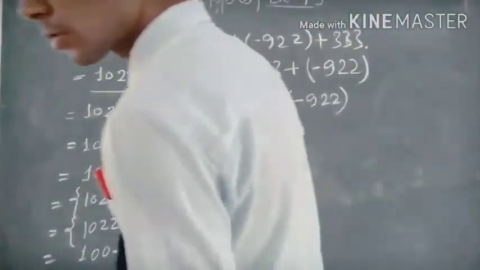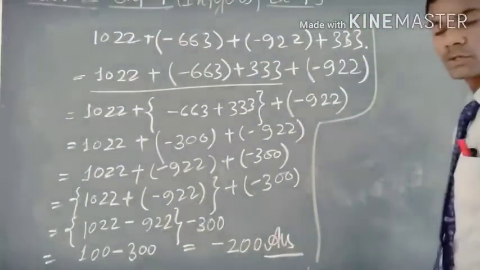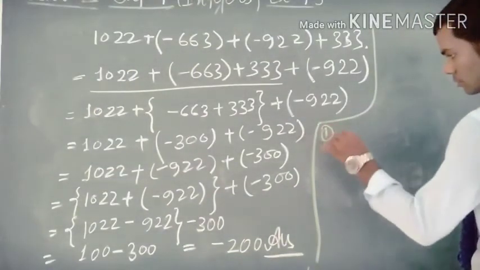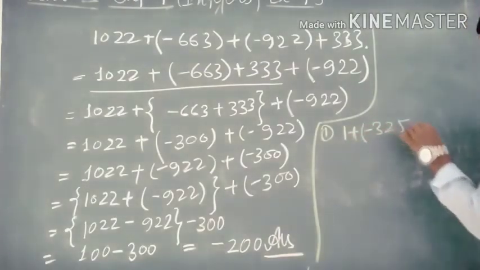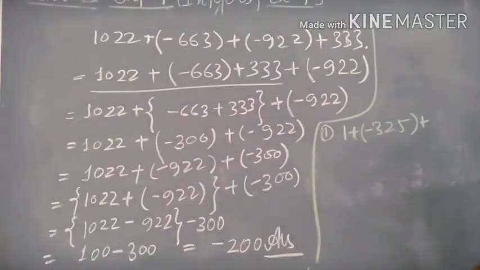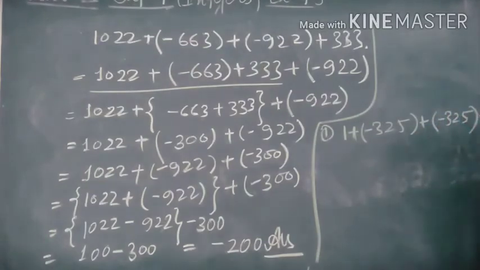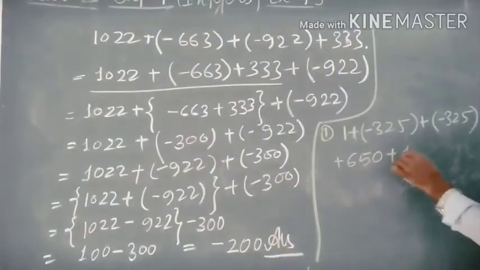So let me write what are the questions. Our first question is 1 plus minus 325 plus minus 325 plus 650 plus 650 and plus 1000.